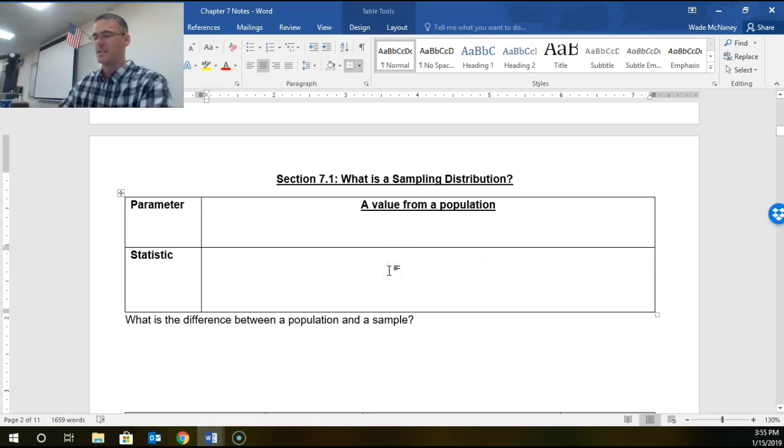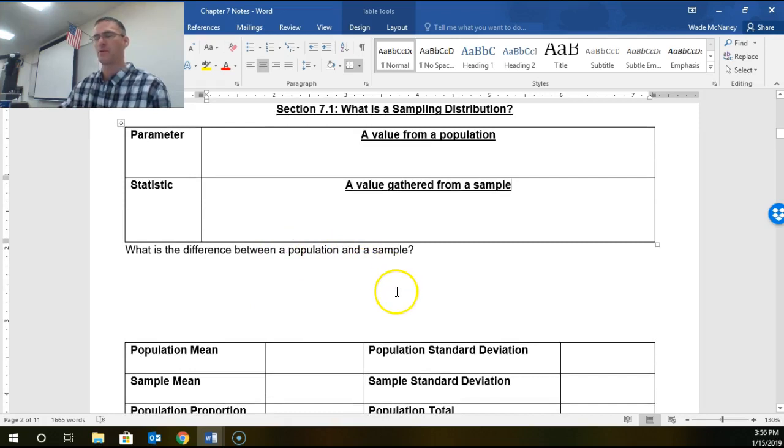A statistic is a value gathered from a sample. They're two different things. Got to know the difference between a population and a sample, know the difference between a parameter and a statistic. The nice thing is parameter, P, goes with population, P. Statistic, S, goes with sample, S.